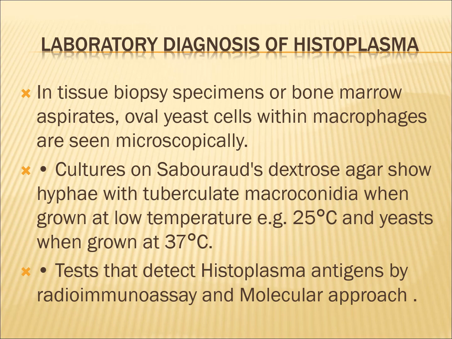Laboratory diagnosis of histoplasmosis. In any laboratory diagnosis of fungi, you must first know the type of specimen. In histoplasmosis, the specimen is either a tissue biopsy or bone marrow aspirate. Diagnosis is either direct, using a special stain, or indirect, using culture media, in this case Sabouraud dextrose agar.